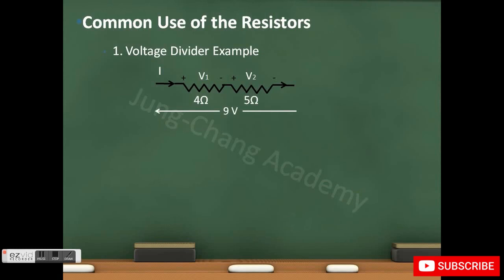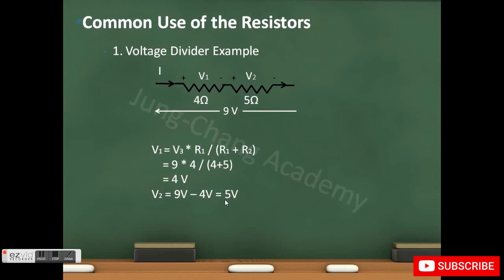So now assume we have 4 ohm resistors in here and 5 ohm resistors here, and we supply 9 volts across the whole thing. Using the equation that we just found, V1 equals V3 times R1 divided by R1 plus R2, we can see that V1 will be equal to 4 volts and V2 will be 5 volts.